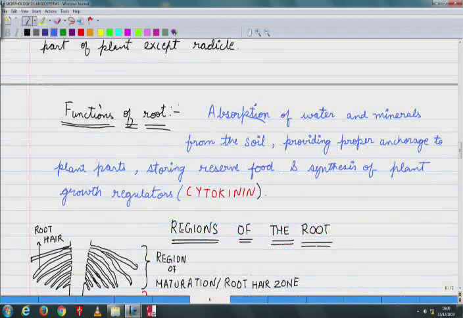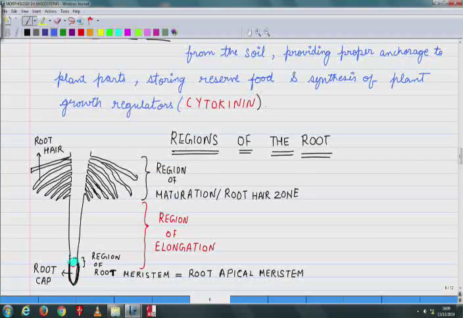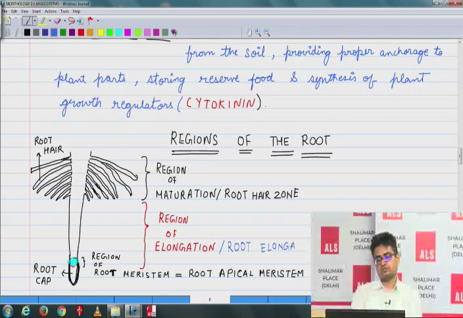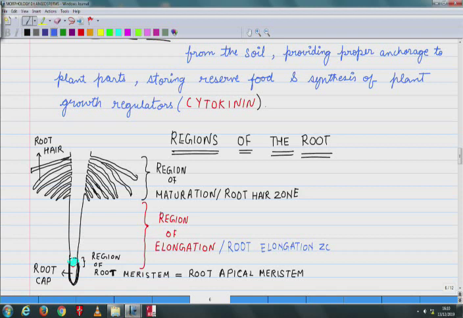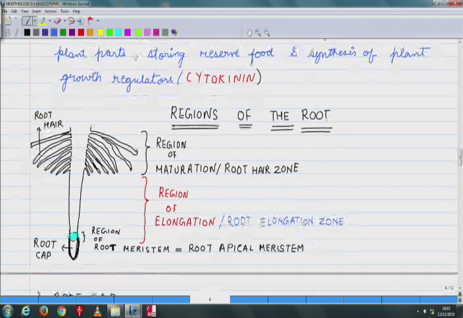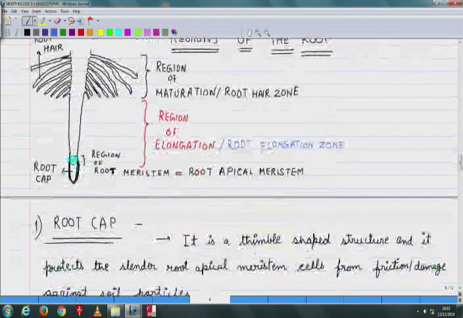Regions of the root are the region of maturation or root hair zone, the region of elongation or root elongation zone, and the root apical meristem zone.